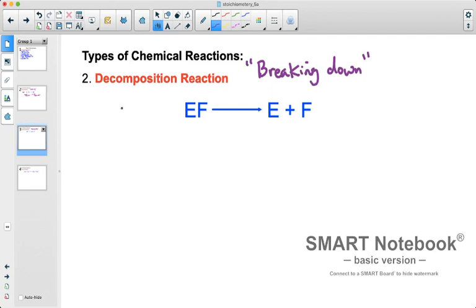In the sample equation that we have in front of you, we see that we start off with a compound and then we break it apart into its smaller elemental pieces. So decomposition reactions are marked really by having a bigger reactant and then breaking it down into smaller products.